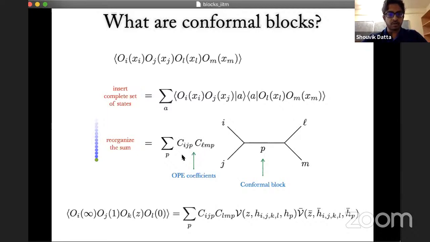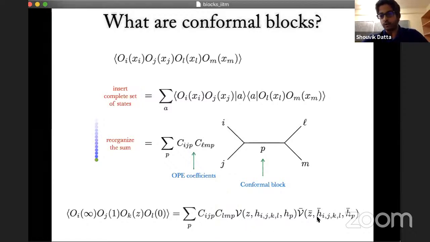This is theory-dependent information, whereas the block is something which is universal. In terms of equations, you can write this 4-point function in terms of the cross ratio without any loss of generality, as a sum over conformal blocks.